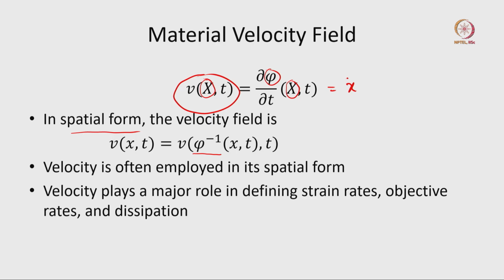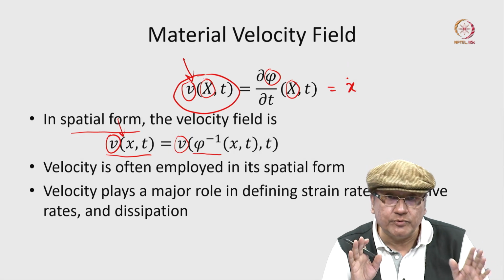So, now with this composition, first apply phi inverse on the deformed coordinate small x and time t, and then on that act v, because v acts on capital X. So, therefore, this composition gives you this v, which is not the same v; this function v and that function v are not the same, because this is a material description and this is a spatial description, but then we take them by the same symbol.